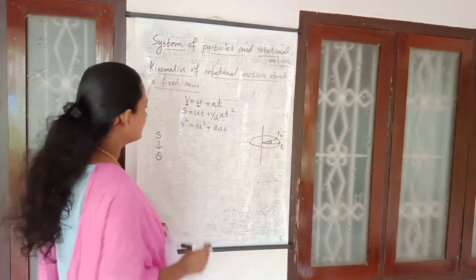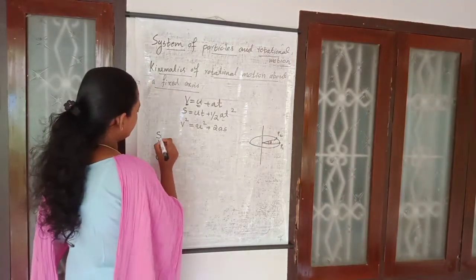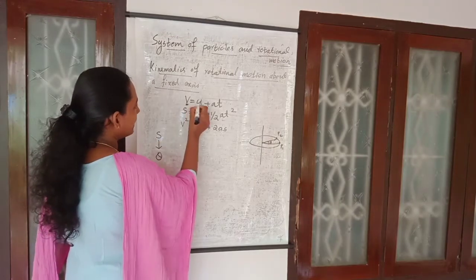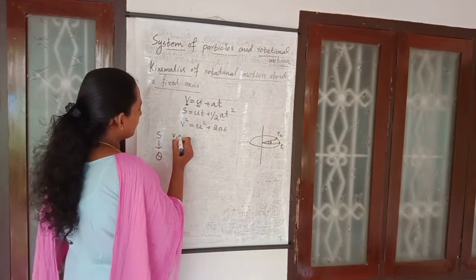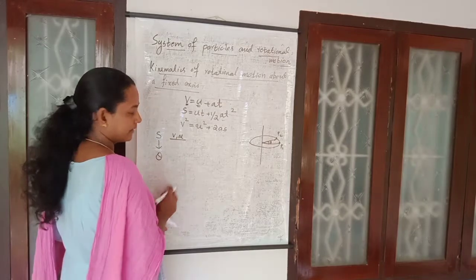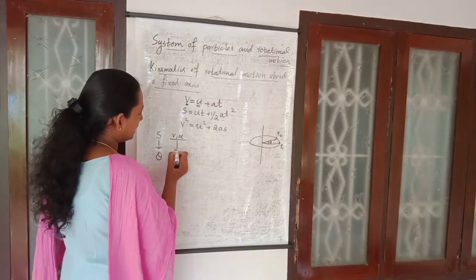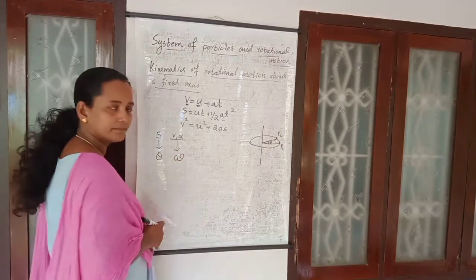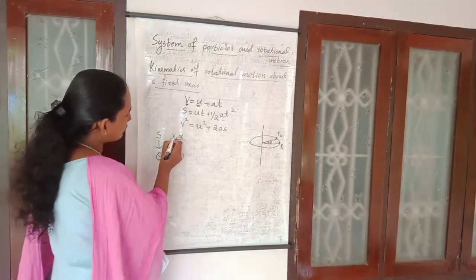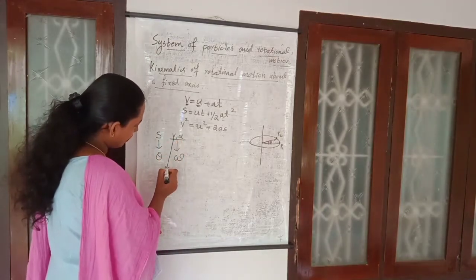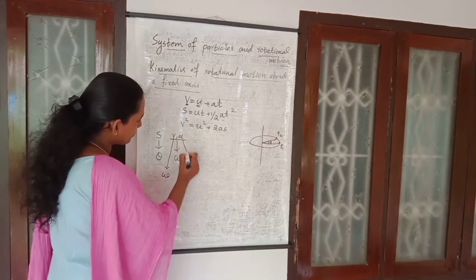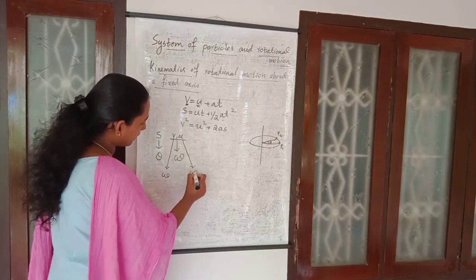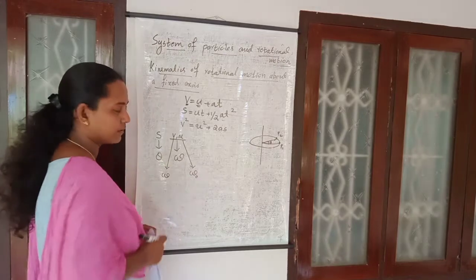Understood? And if displacement is s, and v and u stand for the velocity of that body, instead of linear velocity we consider the angular velocity omega. v stands for the final velocity omega and u stands for the initial velocity, therefore we can write omega 0 at time t equal to 0.